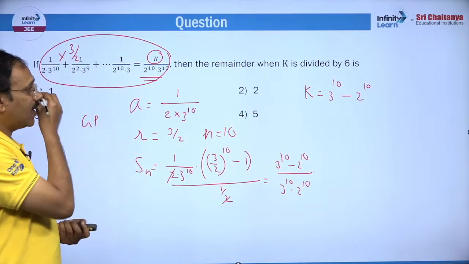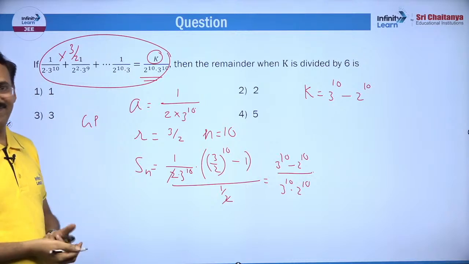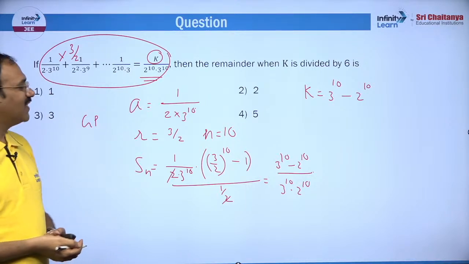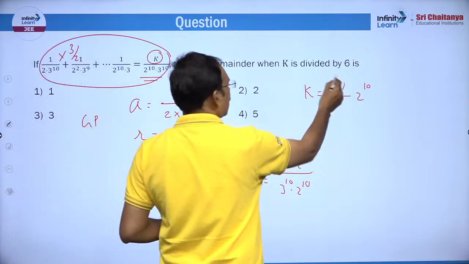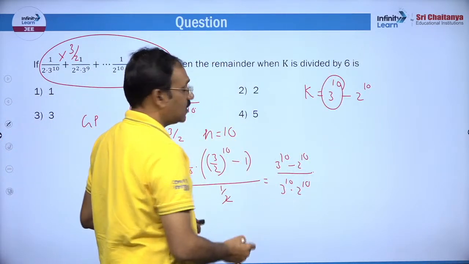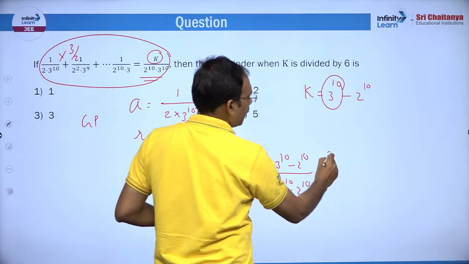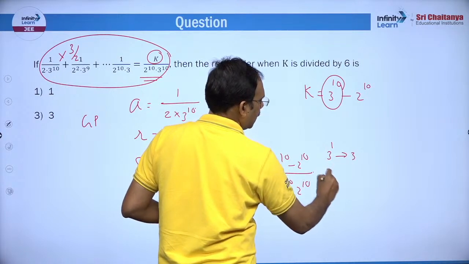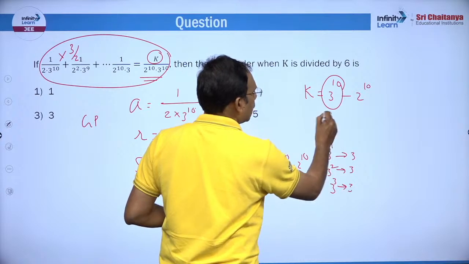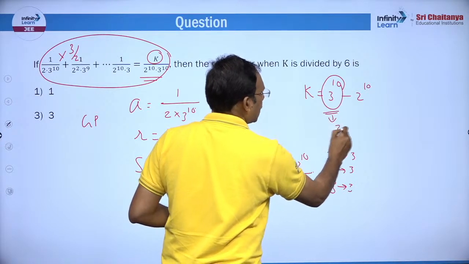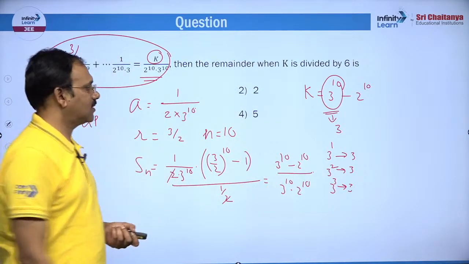Then the remainder when k is divided by 6, again extended the problem. What is the remainder that you can find here? 3 power 10. You see, when divided by 6, 3 power 1 remainder is 3, 3 square remainder is 3, 3 cube remainder is 3. Every time here you will get the remainder 3 itself when divided by 6.